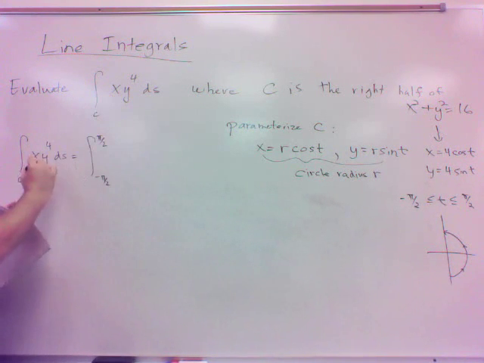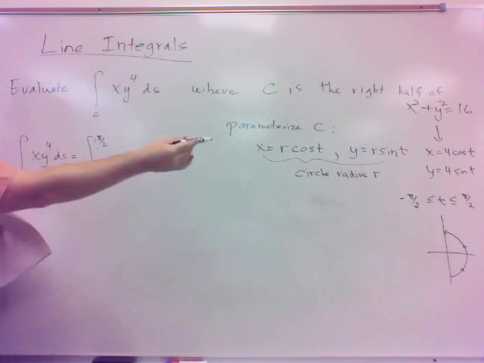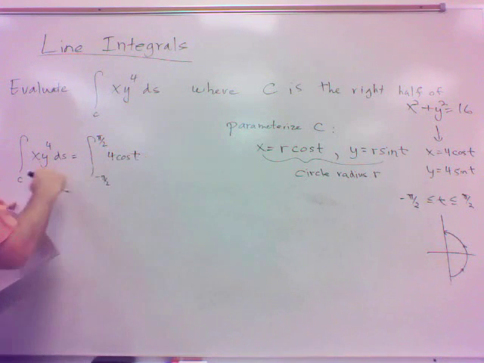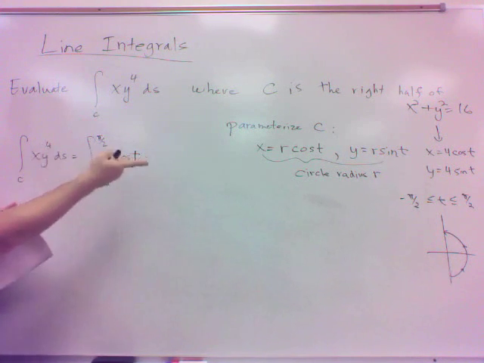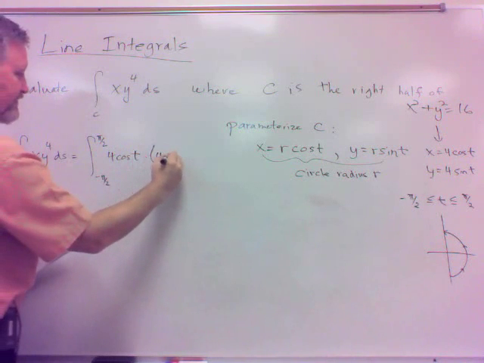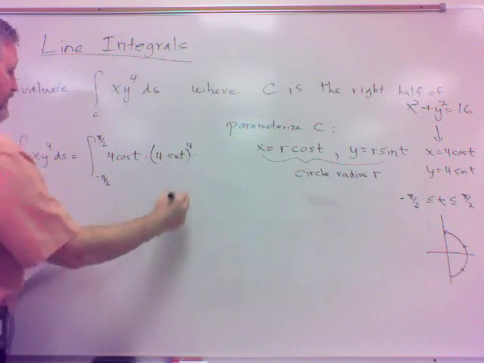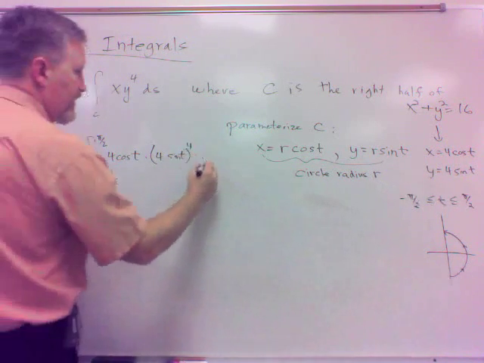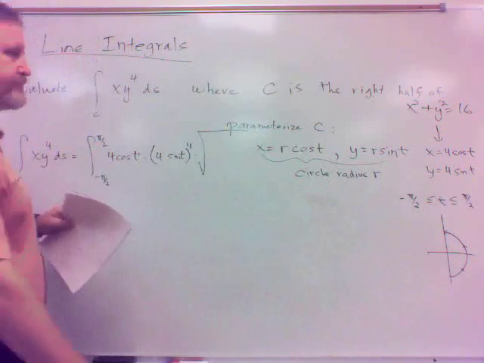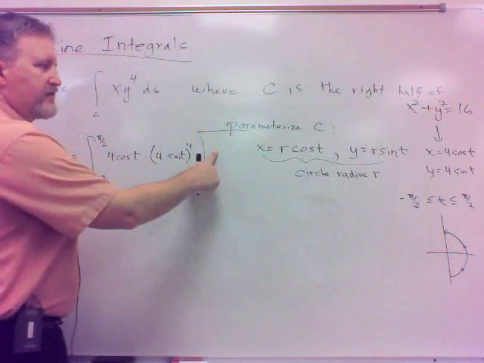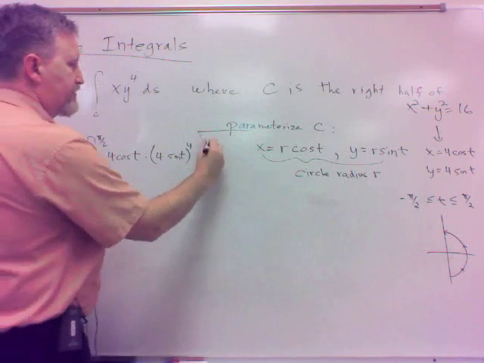All right, now x is 4 cosine t. Y to the fourth would be 4 sine t to the fourth. And then the square root of, we haven't done those yet, the square root of dx dt squared plus dy dt squared.